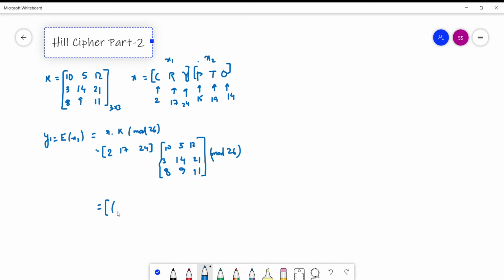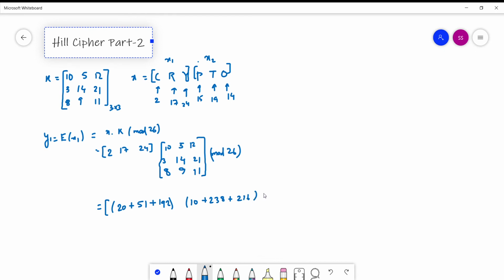So the multiplication is 2 into 10 is 20, plus 17 into 3 is 51, plus 24 into 8 is 192. This is my first term. The second term is 2 into 5 is 10, plus 17 into 14 is 238, plus 24 into 9 is 216.